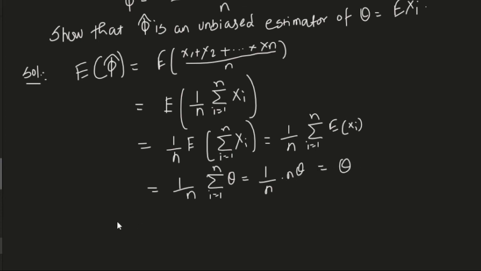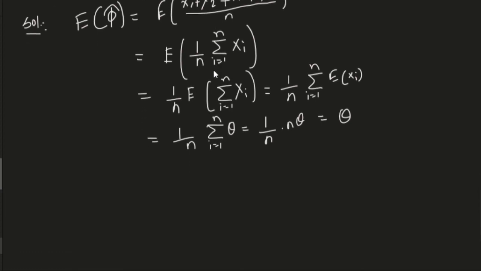Therefore we see that E of theta-hat is basically equal to theta, which means theta-hat is an unbiased estimator of theta, and our problem is solved.